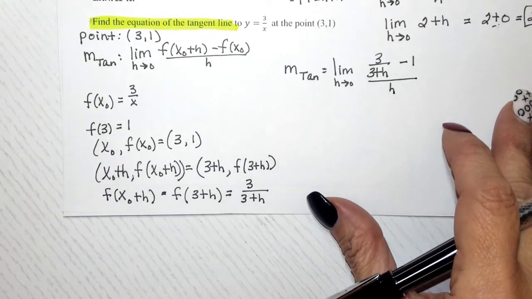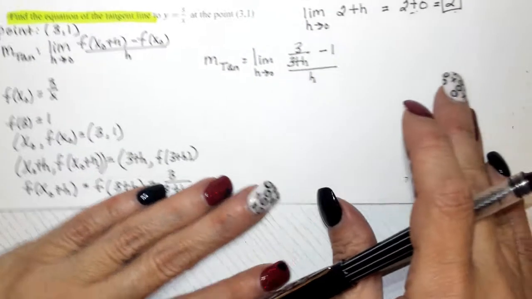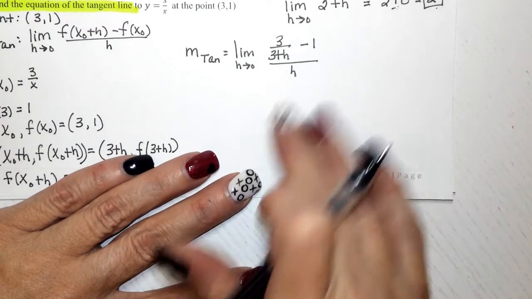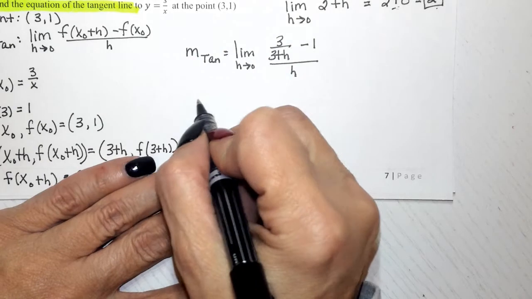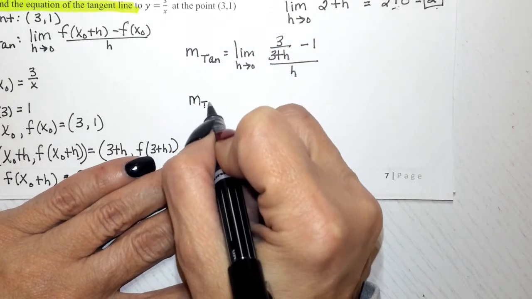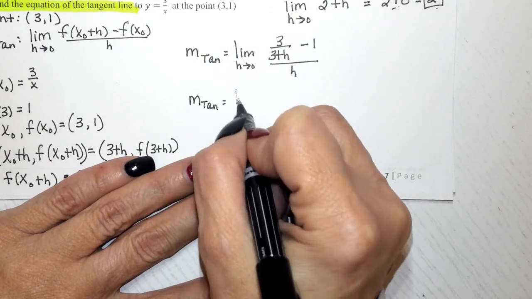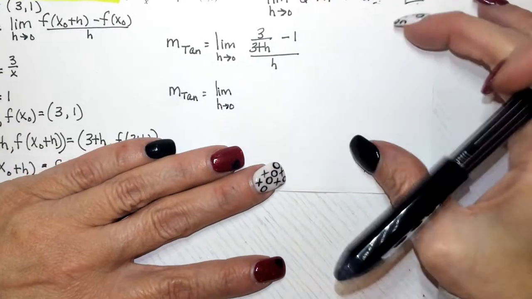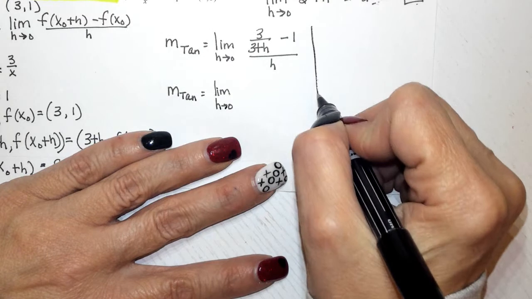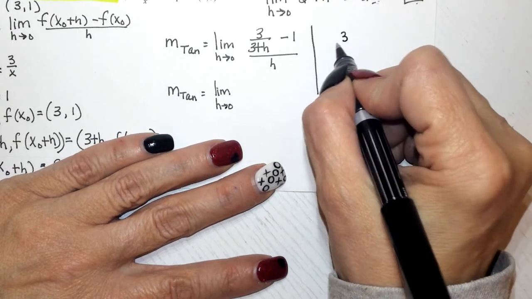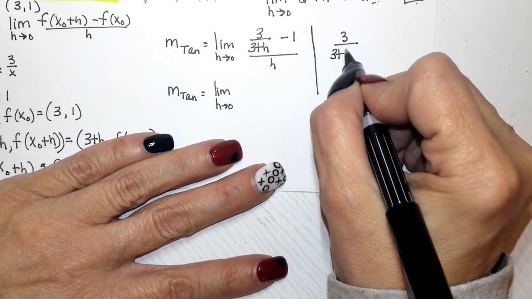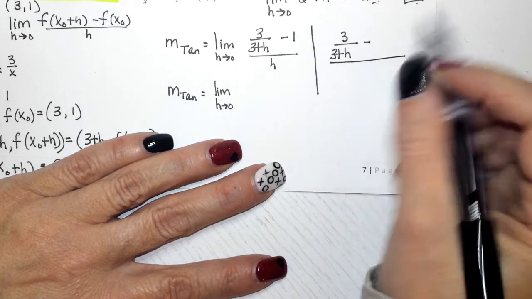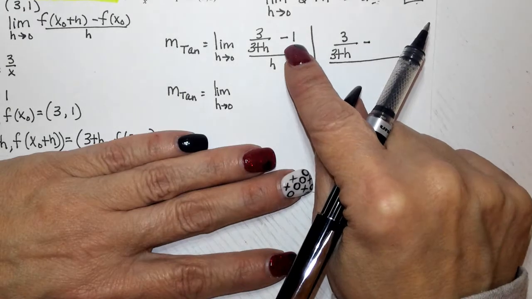So that's a whole lot of algebra. I don't want to keep having to write the limit while I try and simplify that. So I'm going to say the slope of the tangent line equals the limit as h approaches 0, and I'm going to come over here and do this. 3 over 3 plus h minus 1.